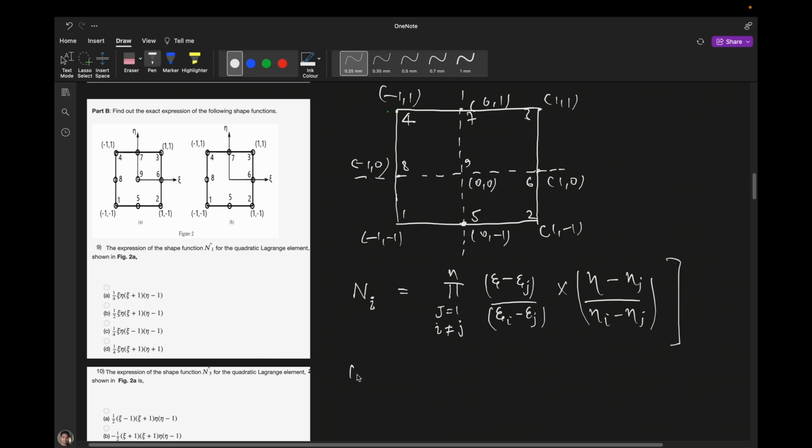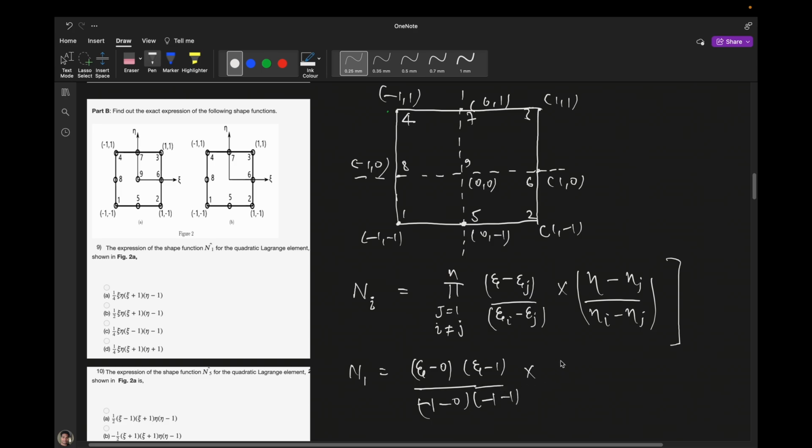Okay, so let's find what is n1. So where is that? Here. We have to multiply with all, which means that xi minus 0, xi minus 1 divided by -1 minus 0 and -1 -1.